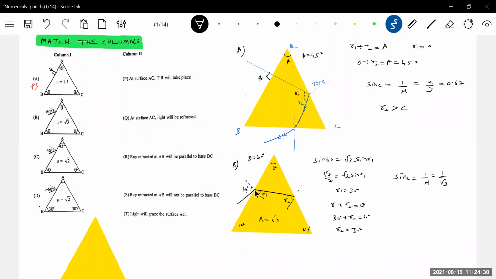Anybody have the value of the critical angle? Let me check.